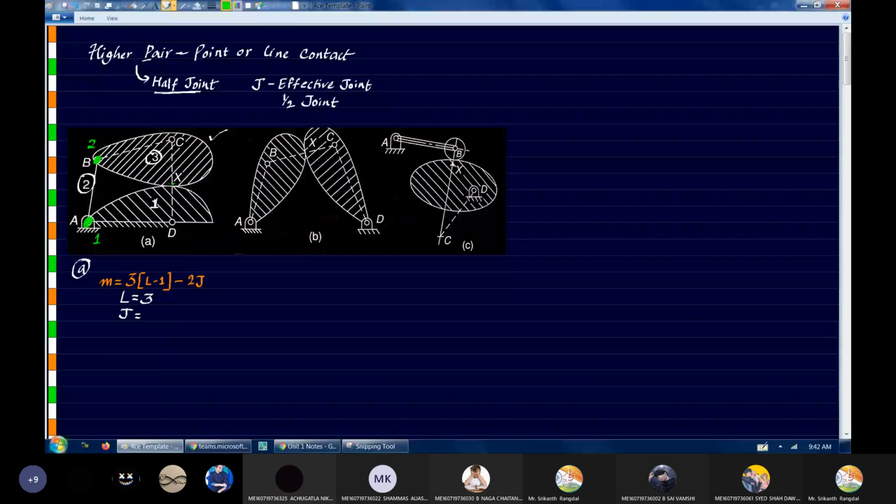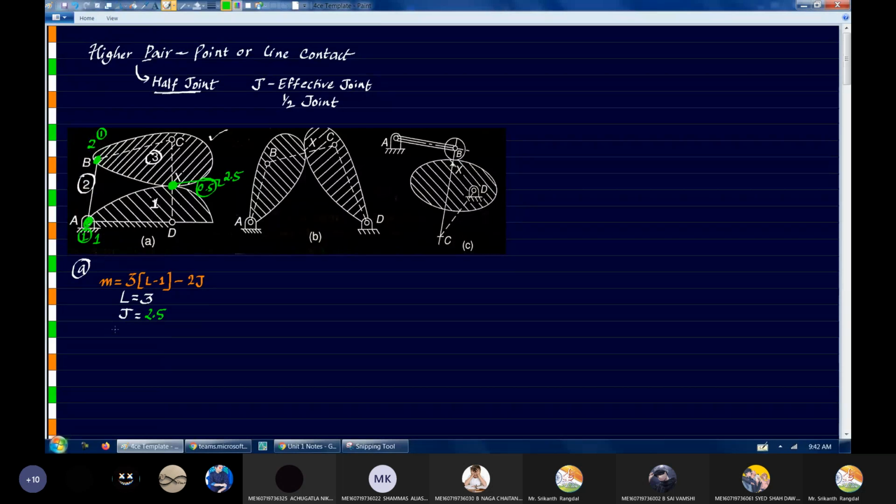And at this point there is a contact, a point contact or line contact, so we count this as half a joint. So this becomes 2.5. This is one joint here, and here we have just half a joint. So the number of joints in this first problem is 2.5.